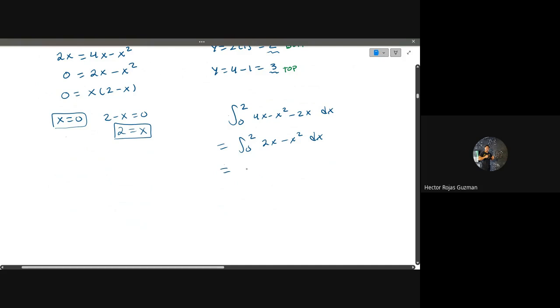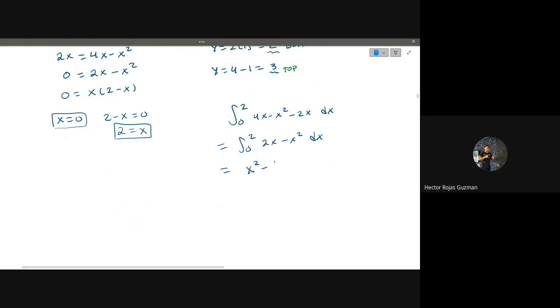This equals x squared minus 1 over 3 x to the power of 3, evaluated from 0 to 2. I'm going to start plugging in the values. So 2 squared is 4. 2 cubed is 8. 0 squared is 0, and 0 cubed is 0. So now we have 4 minus 8 thirds.